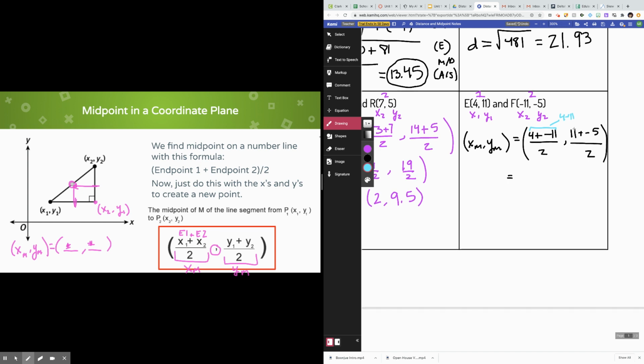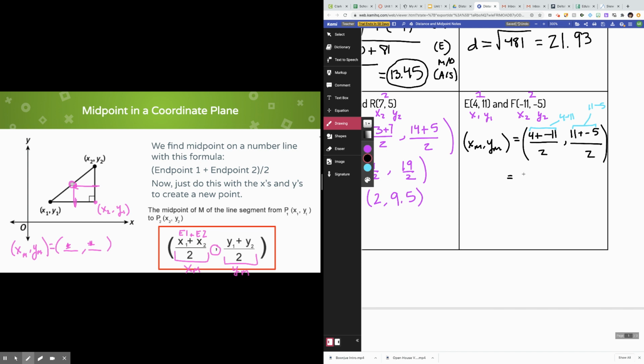It's the same idea. 11 plus -5 is the same as 11 minus 5. Similar to how when you have two minus signs next to each other they turn into a plus sign. When you have a plus sign and a minus sign right next to each other, the minus sign is more powerful. The minus sign takes over there.